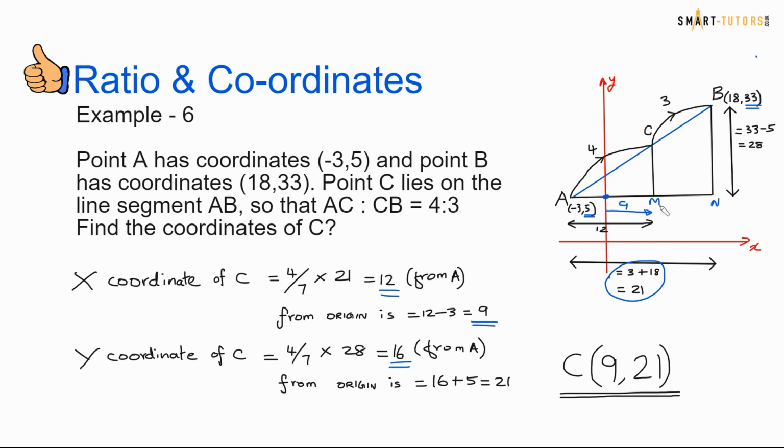So 16 is from A. From the origin point, you need to add the 5 plus 16. So 16 plus 5 is 21. So from the origin, the y coordinate is 21, and the x coordinate is 9. So the coordinate of C is 9, 21.